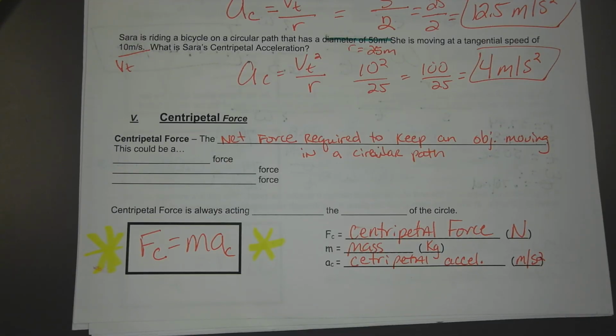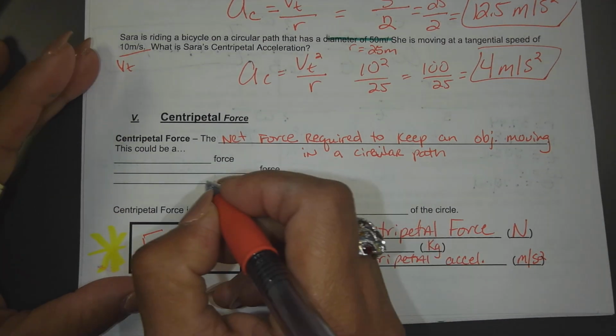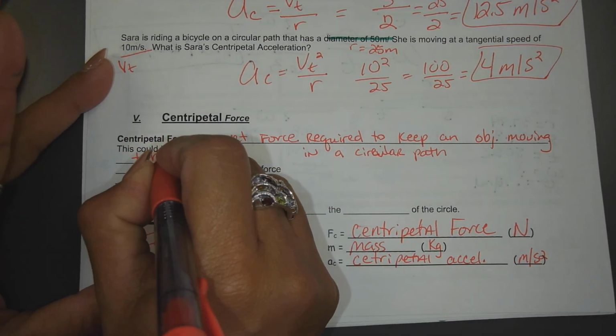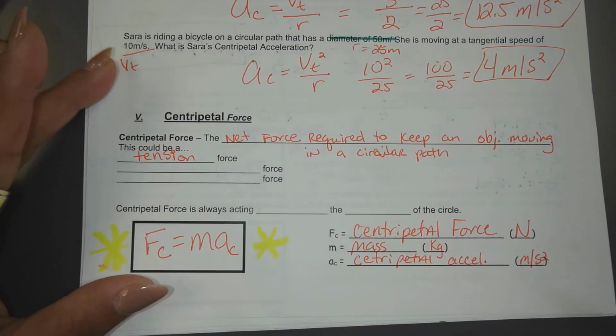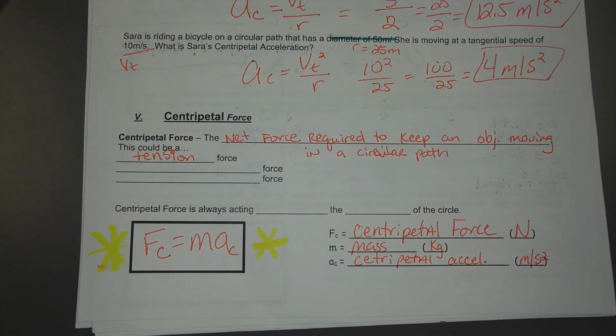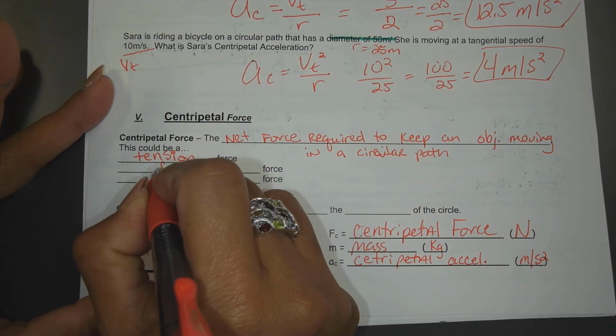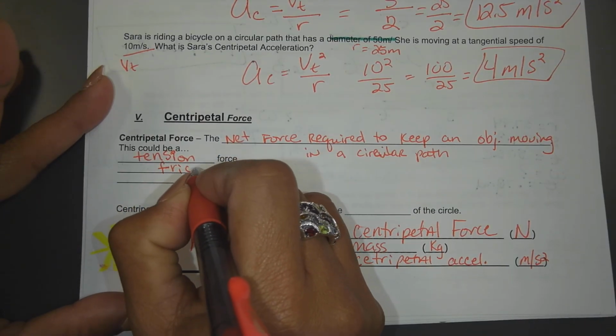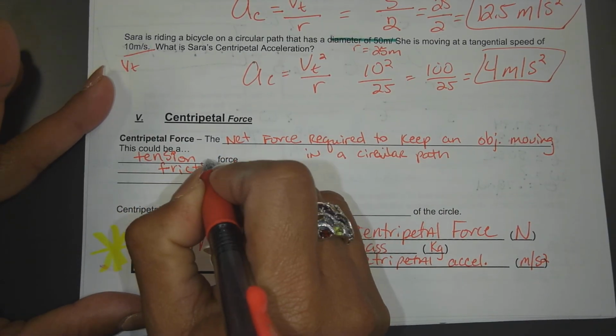So the centripetal force is going to be some type of tension, which was a perfect example. I had that rope or that wire, that tension force that held it so it doesn't fly off. It can be a friction force.